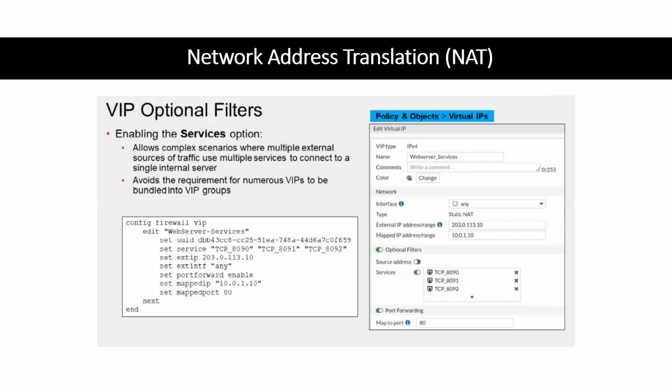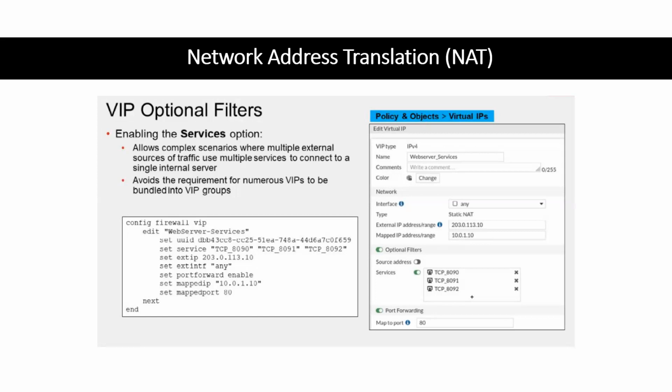Very powerful, right? And what does it do? You can allow complex scenarios. Maybe Don has 2 customers that use RDP, but they're using ports 33802 and 33805, and they're just using one external address that we own.